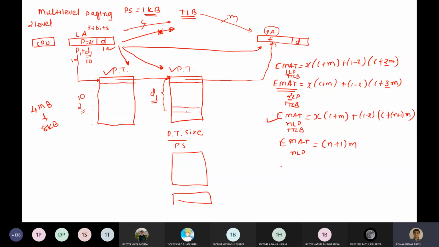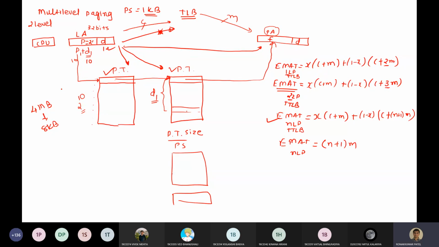Okay, just see this. Right now we are not jumping into the example. We'll do that in the next lecture. We will just see the concept of multi-level paging. If this is a 3-level paging, this logical address will have P divided into P1 and D1, and again P1 is divided into P2 and D2.